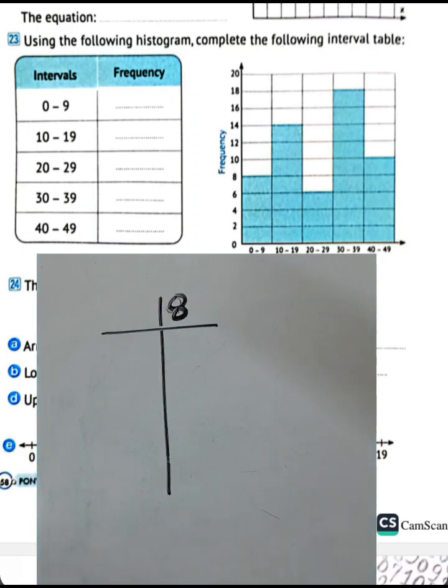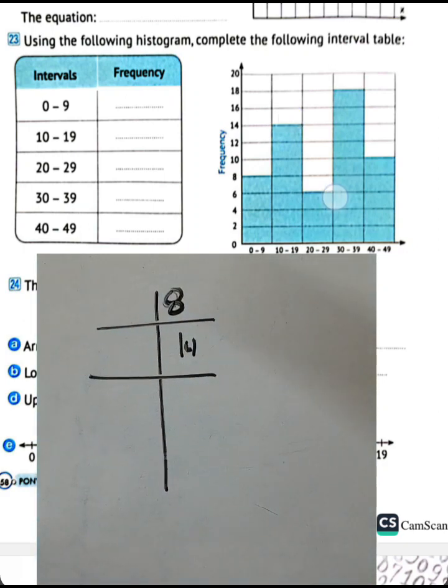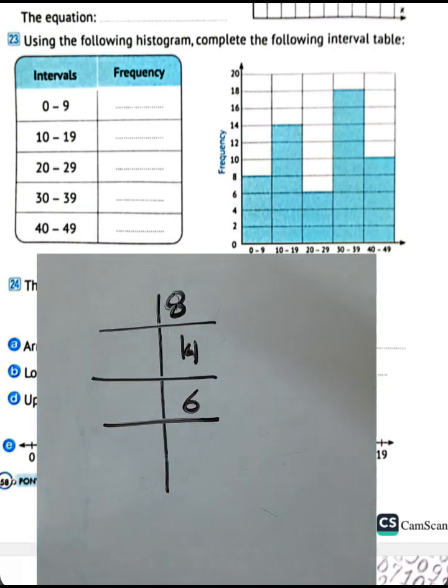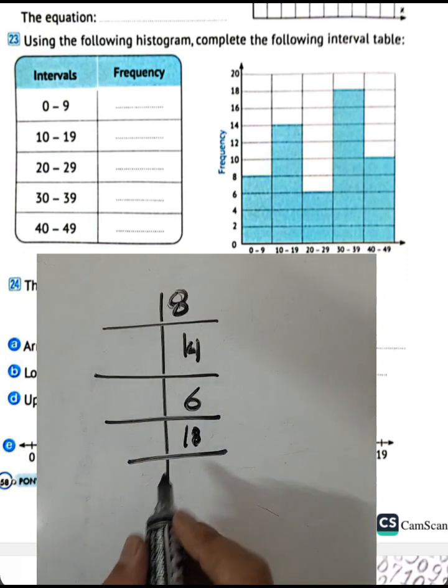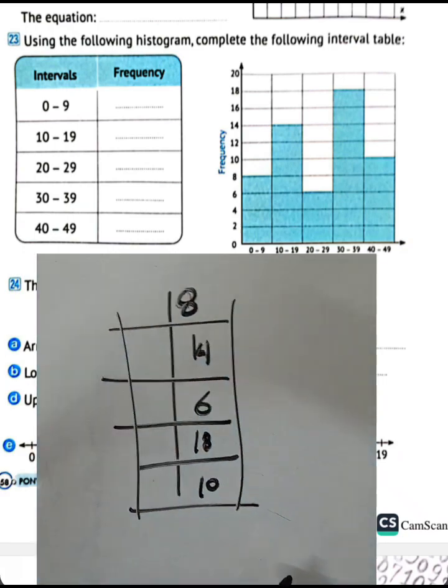And from 10 to 19 the bar here will be 14, and here the result 6, and here the result 18, and the result here will be equal 10. Okay, this is the second, vertical, about frequency here.